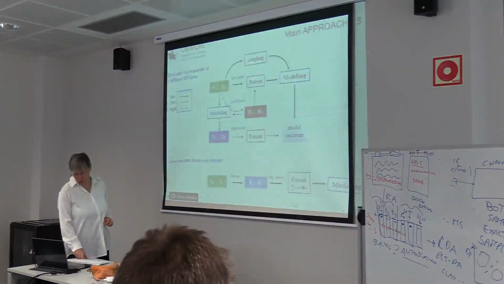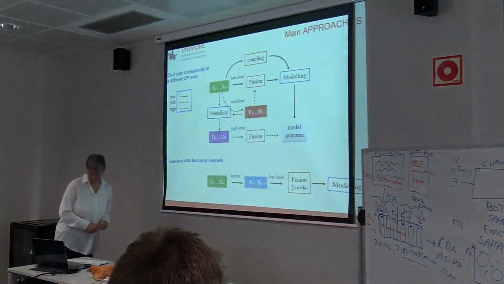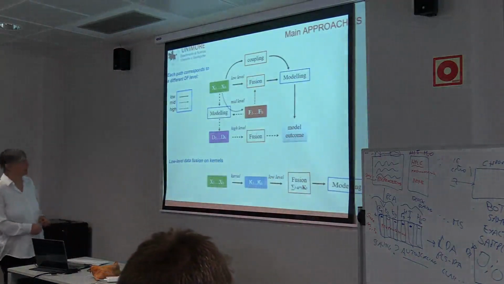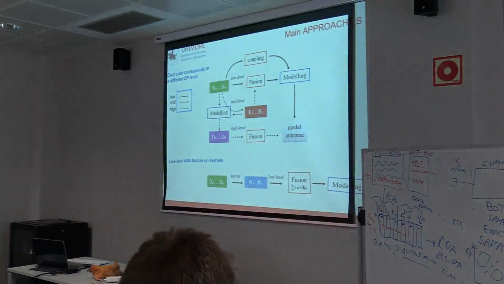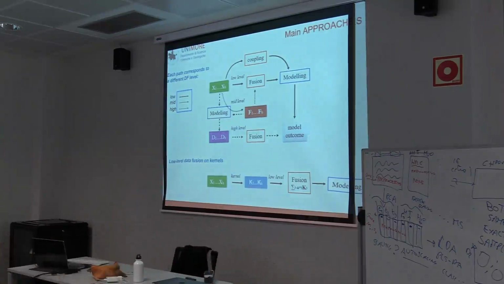Okay, so this is something which seems probably complicated, but I just try to explain you, because now we have talked about the 3 main approaches: low level, mid level, and high level.